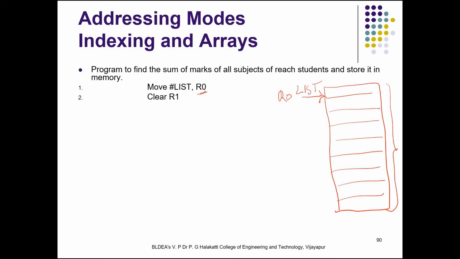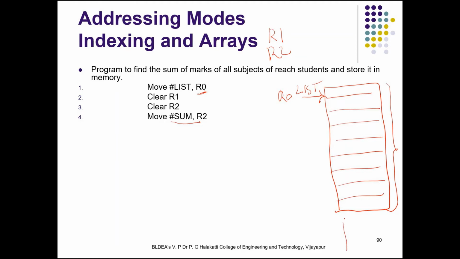We are also going to use two registers. One is R1, which is going to hold the sum of the test marks, and we are going to use R2, which will be used to store the sum into another memory location or another array called sum.